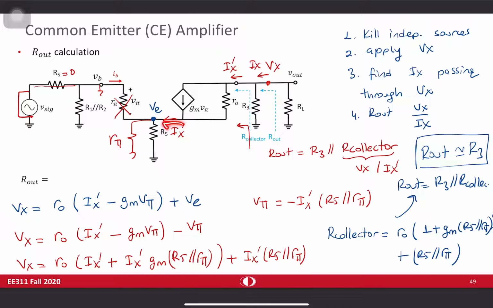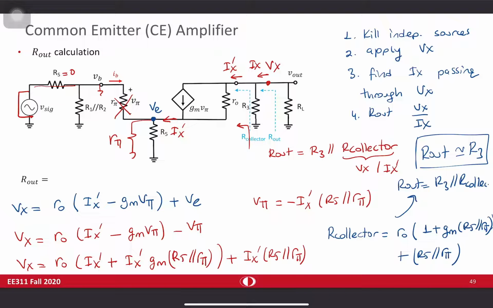When you're looking from here, you don't know whether I base current is passing through, or beta I base current is passing through. You don't know it. You have to solve it like a regular circuit. So in that case, this R pi and R5 appear like typical parallel resistors. That beta or beta plus 1 relation is already included when you say V pi and Gm V pi in here. That's the most tricky part in here.